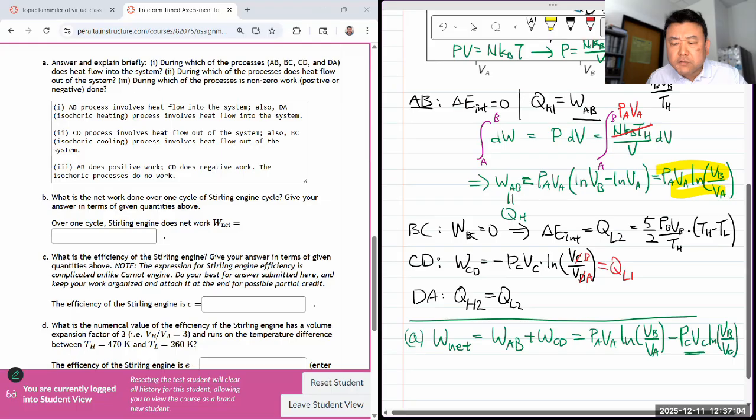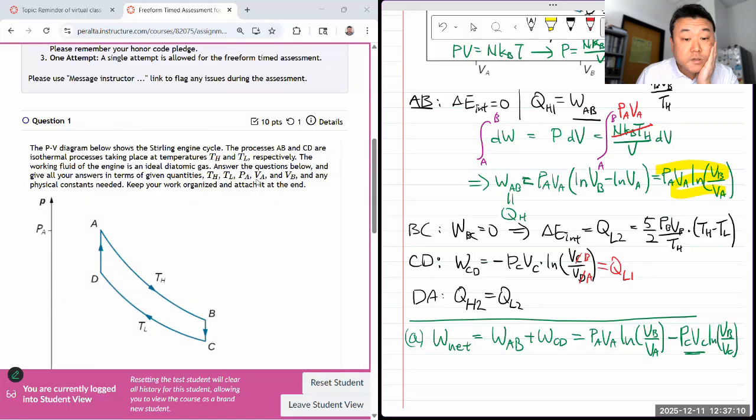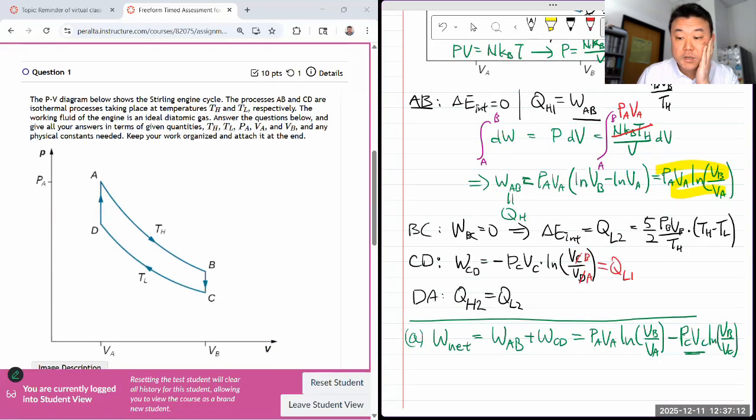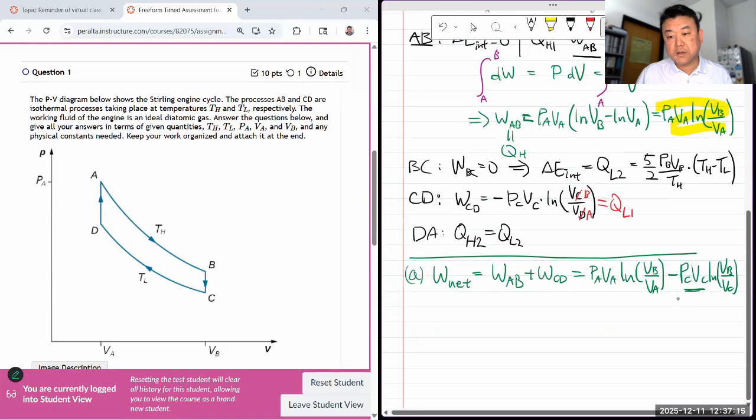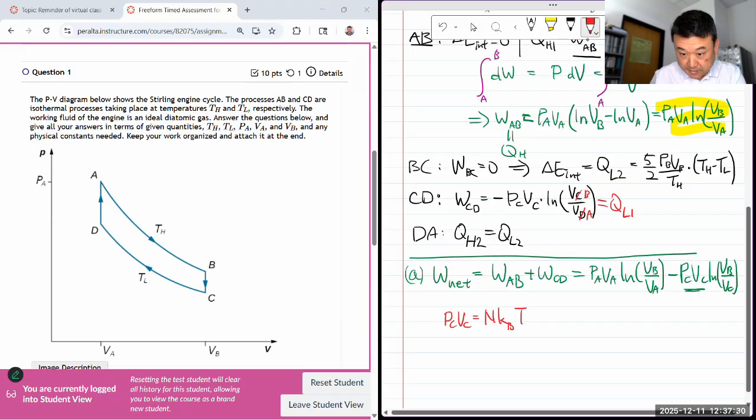It's possible I need to rewrite this. Let's check. Are they one of the symbols I'm allowed to use? No, I'm not allowed to use PCVC, so I'll have to rewrite that. From the ideal gas law, PCVC is equal to NKBTL, and PAVA, both of which I'm allowed to use, is equal to NKBTH.